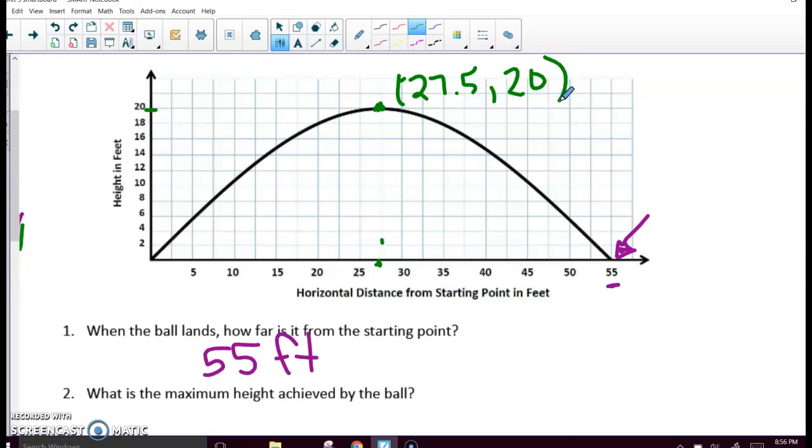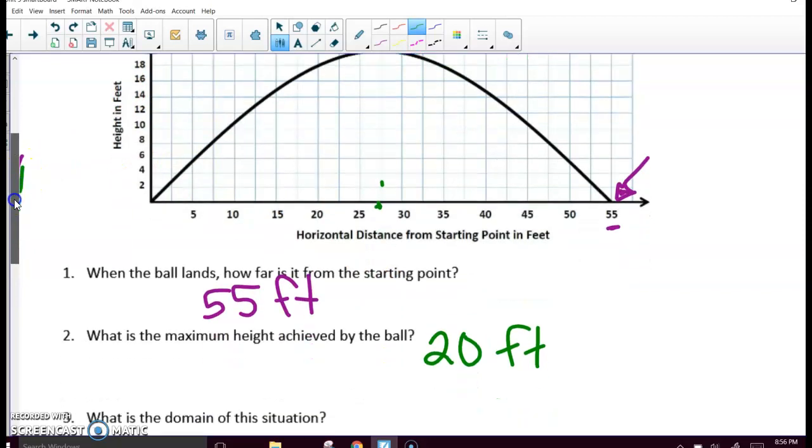So the question says, what is the maximum height achieved by the ball? Do I want the x value or the y value of my vertex? And the answer is the y value. So my max height is 20 feet.